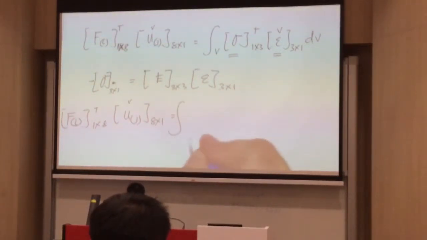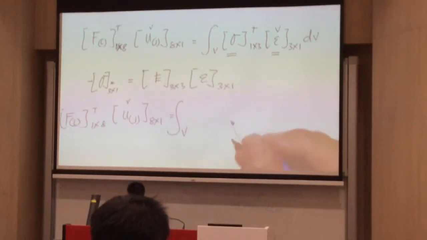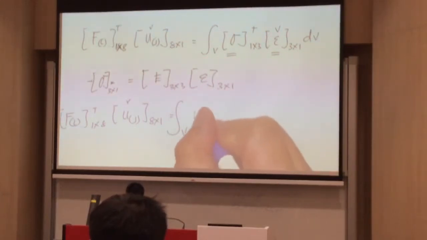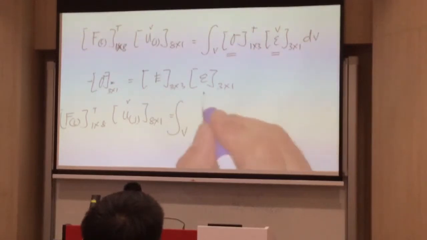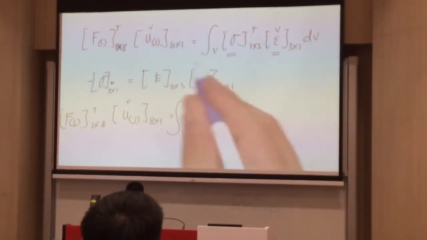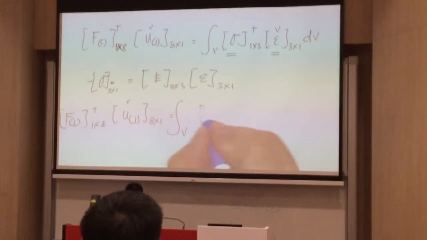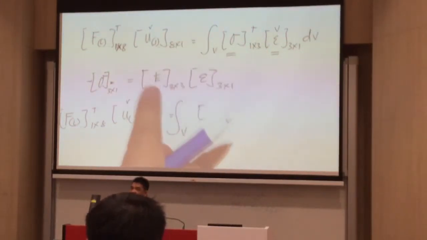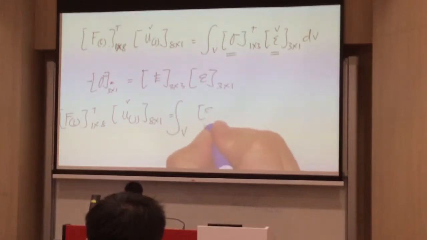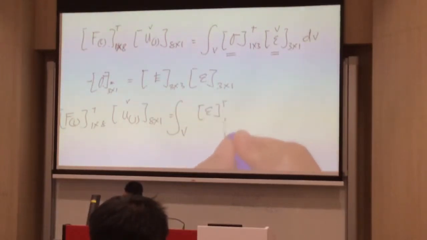I can now have this one be the volume integral of, let me just use E outside, since this one is transpose. This one will be here, transpose, so it becomes a 1 by 3.